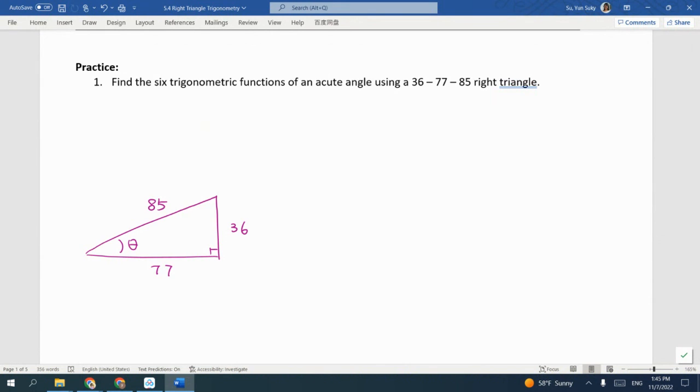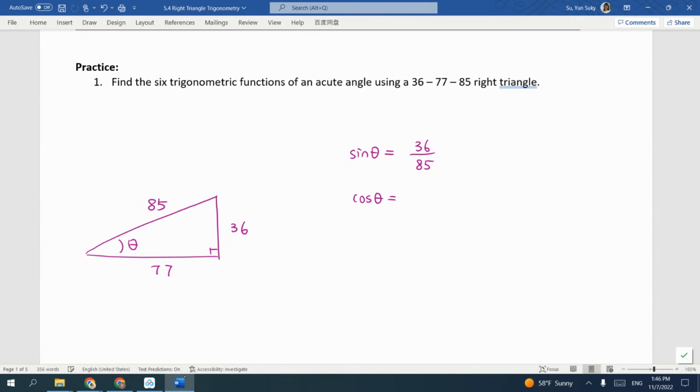Okay, so what is sine theta? Opposite over hypotenuse. What's opposite? 36. Hypotenuse, 85, right?